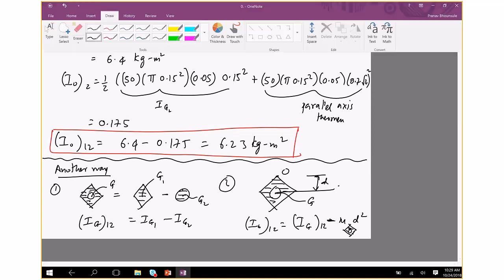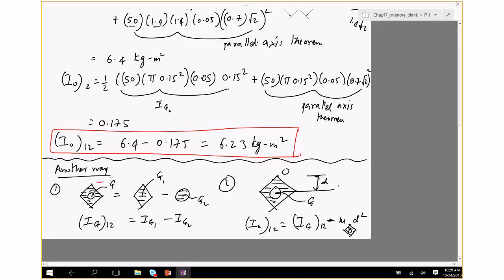So the second method just involves 2 steps. First, I found the inertia about G for the composite structure, and then I found inertia about O using parallel axis. So this one involves using the table first, and then using the parallel axis theorem. But in that first part, what I did was I used the parallel axis theorem each time. So don't do it both ways. You just choose one way you're comfortable with and solve it using that way.